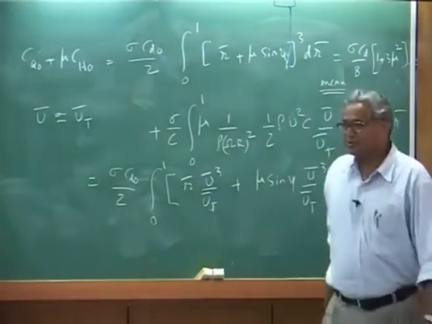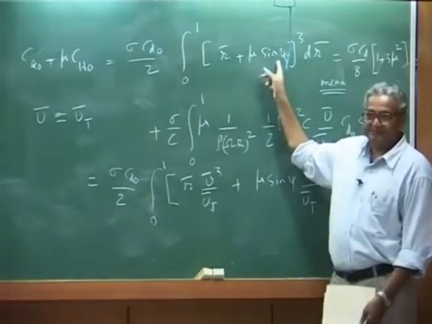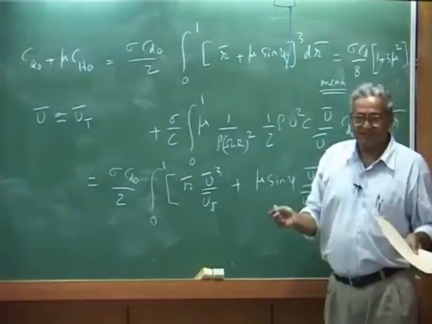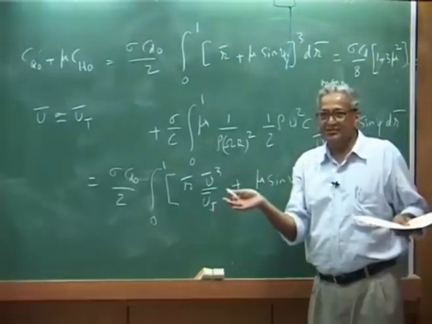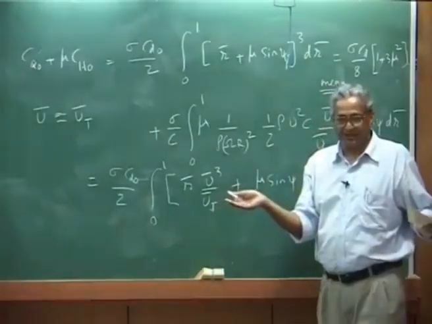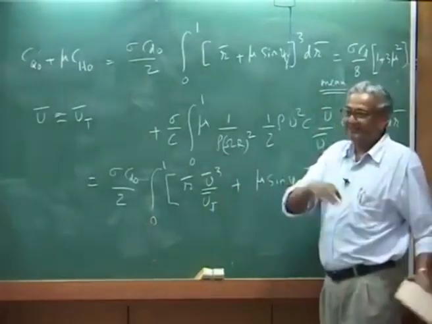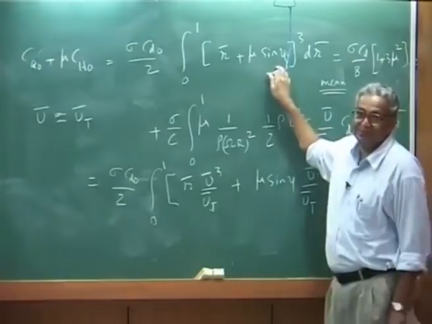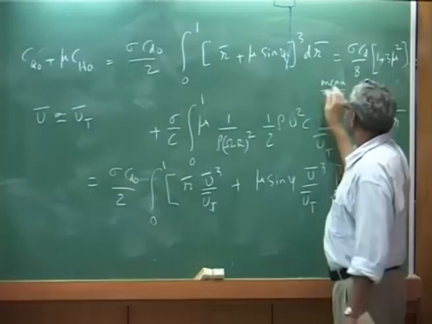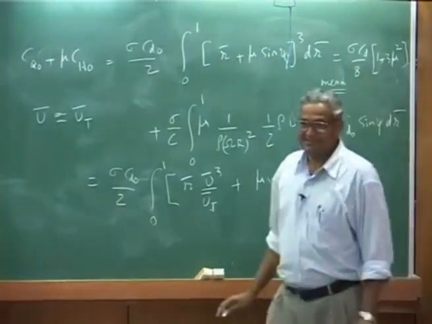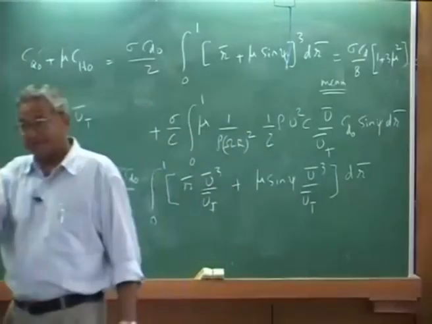So, only when you go to the square term, you will write sin square psi is 1 minus cos 2 psi, something like that. Then you do the mean value, you will find this is the quantity sigma C d over 8 into 3 mu square, exactly it will come.